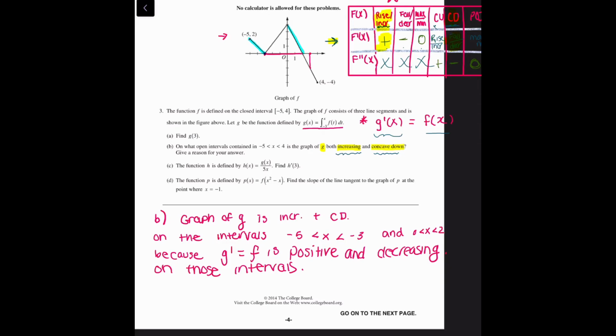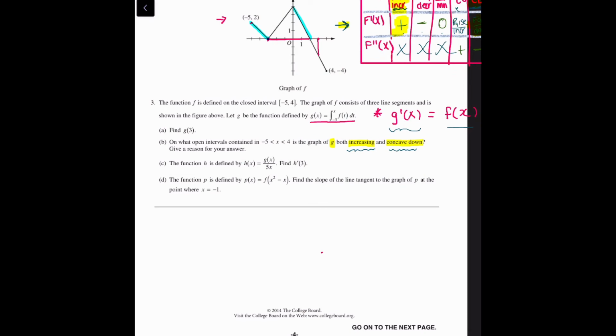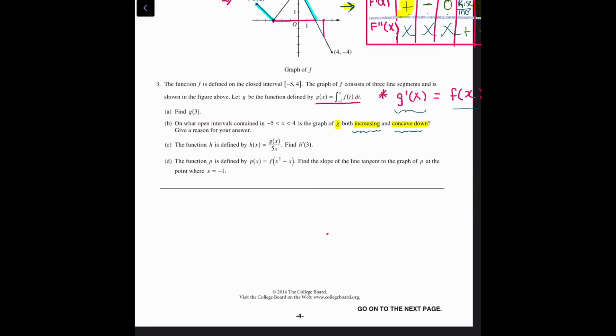Okay, part C. The function h is defined by h of x equals g of x over 5x. Find h prime of 3, or the derivative of this function at 3. So step 1 is to derive h of x symbolically using what they give you. So we know we have a fraction, meaning we're going to use quotient rule.